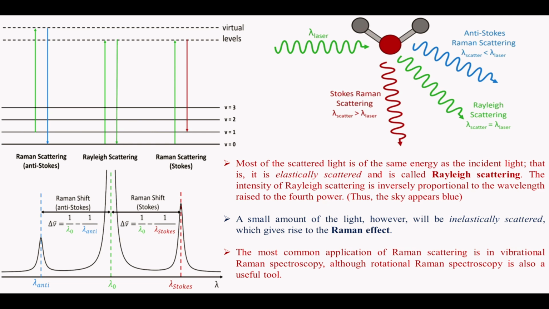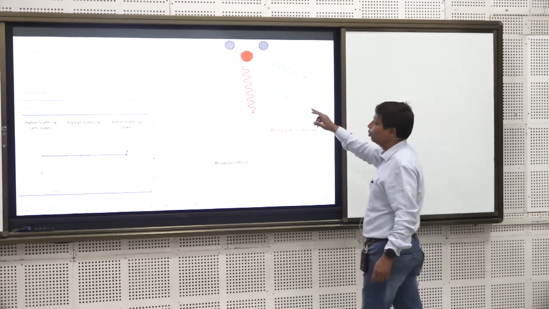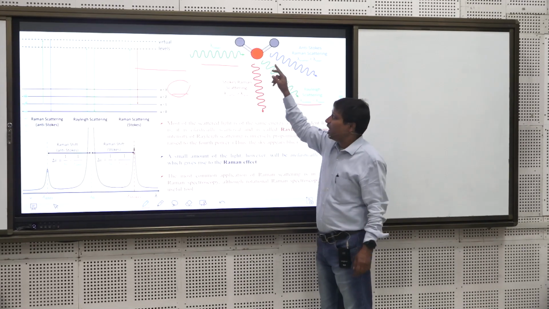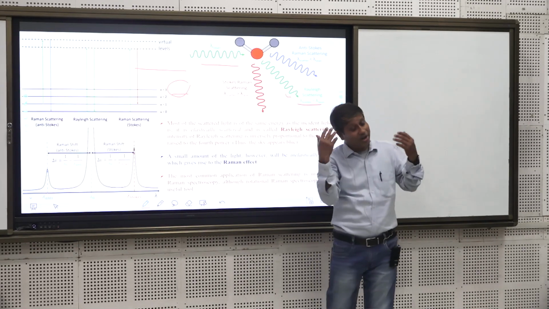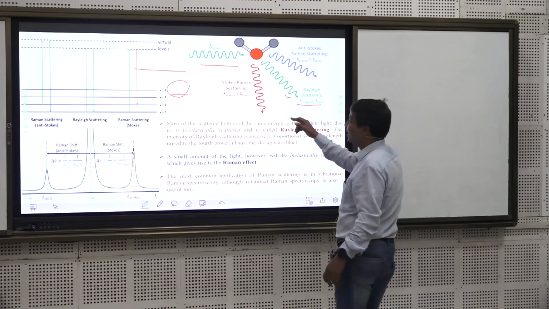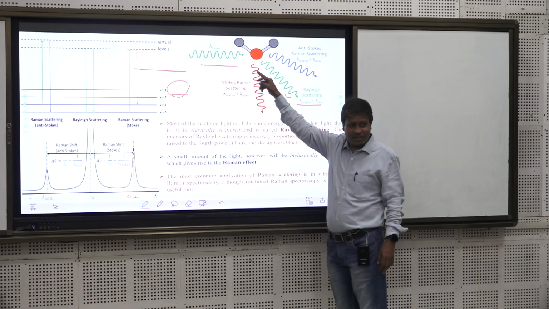Sir Rayleigh, I will show the next slide. At that time he said that there will be no change in the wavelength or frequency of light. Another person said that you may have a loss of energy.